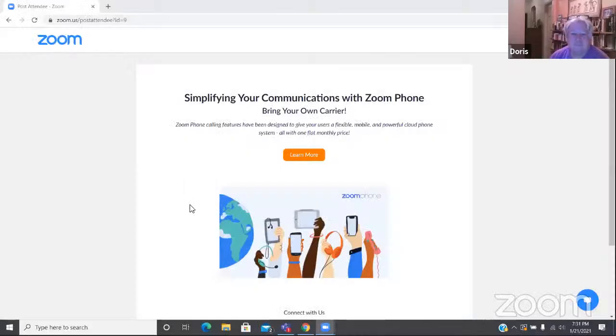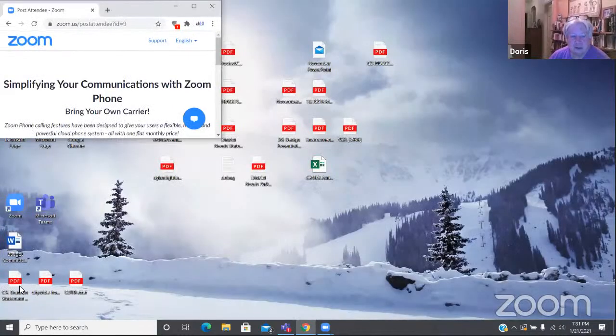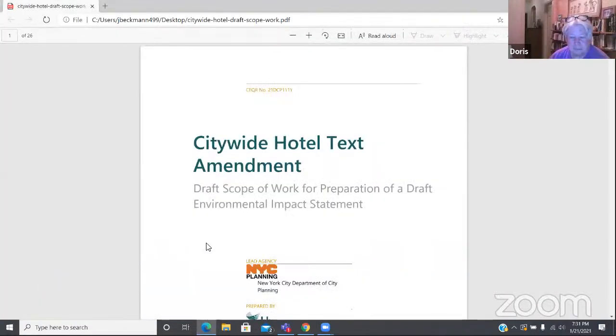Okay, so item number 2. Item number 2 is a discussion of the Department of City Planning proposing a zoning text amendment that hotels in C districts, commercial districts, I'm not sure if all of them, I don't have it, it's still in the process, but that hotels in commercial districts be subject to special permits.